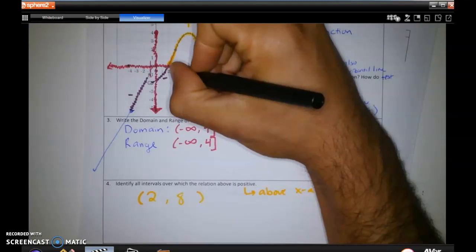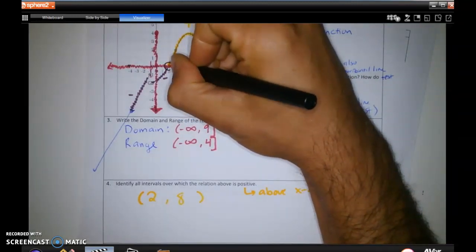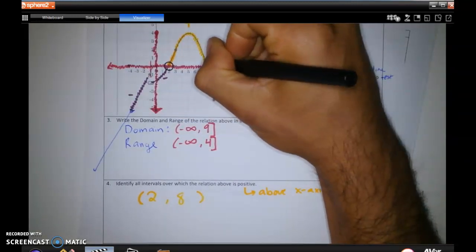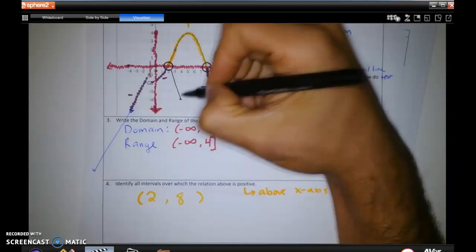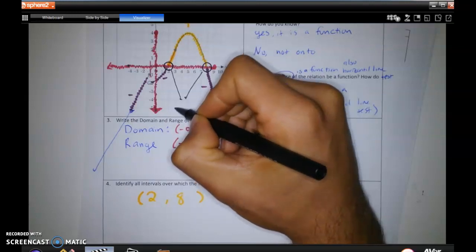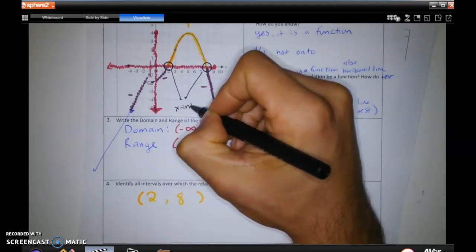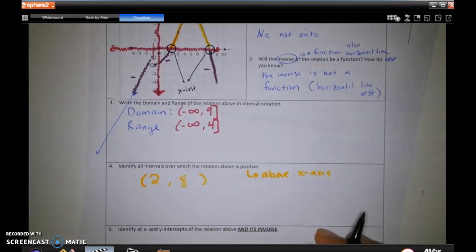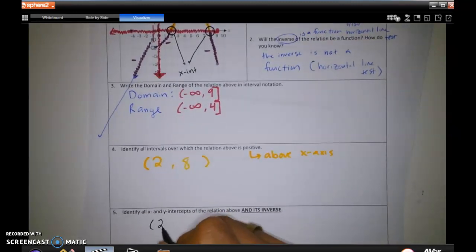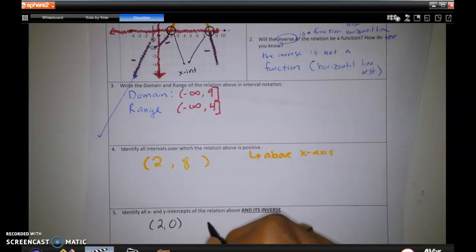When I see that, I think these two are our only two x-intercepts. So our x-intercepts are going to be (2, 0) and (8, 0).